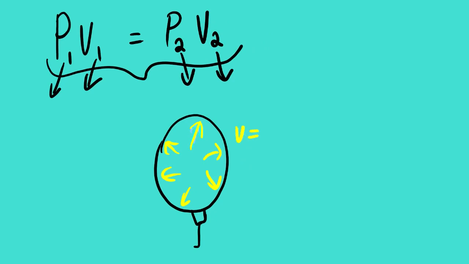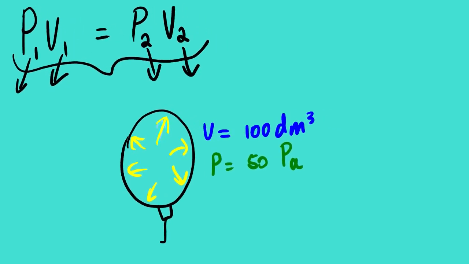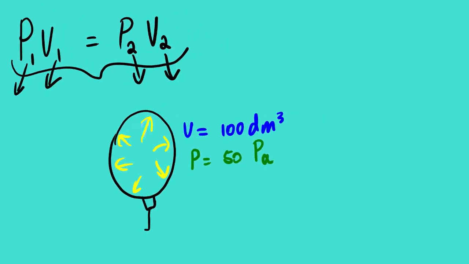Let's say after inflation we have our volume as 100 dm cube, that is decimeter cube, and then we have our pressure as 50 pascals. Initially we have these values.